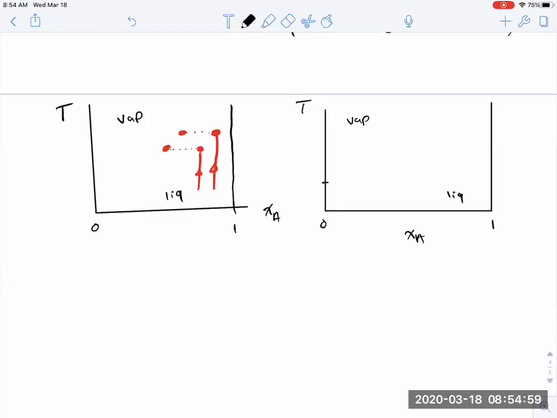When I have none of component A, it's pure component B. If B is more volatile, I expect that its boiling point is lower than if I have a pure solution of A. So if up here is the boiling point for species A, the less volatile component, down here is the boiling temperature for species B.